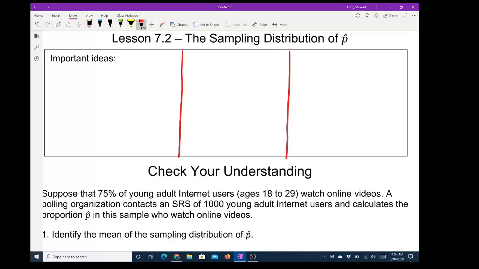Big idea number one. Notice the title here, by the way, the sampling distribution of p hat. Let me emphasize that. A sampling distribution is when you take a bunch of samples of the same size and you put them on a graph together.